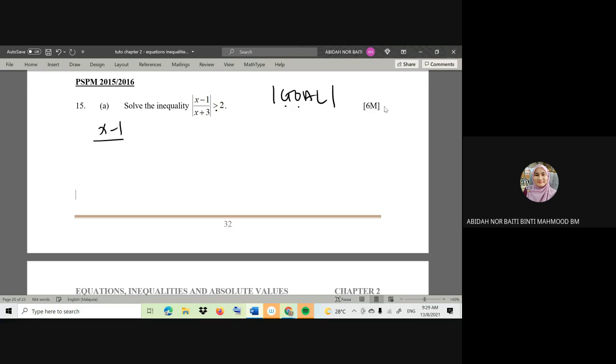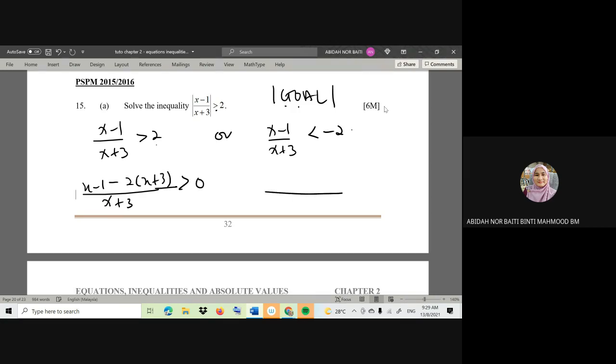So x minus 1 over x plus 3 greater than 2 or, satu positif, satu lagi negative. Okay, and then we rearrange and equalize denominator. Positive 2 become negative 2 times x plus 3 greater than 0.